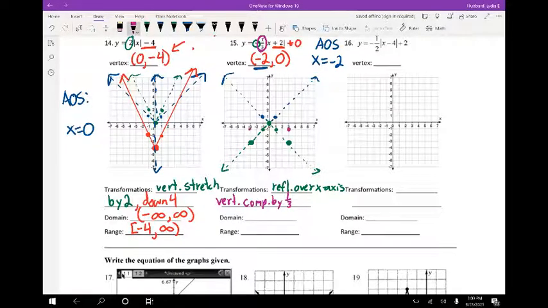And negative 3 times 1/3 is a negative 1. And again, 0 times 1/3 is still 0. So that is our vertical compression. So whether you want to think about that as a slope, saying that it's 1/3, and it's opening down, so it should be down 1 to the right 3, that's fine. But you can also think of it as taking those y values and multiplying them by 1/3.